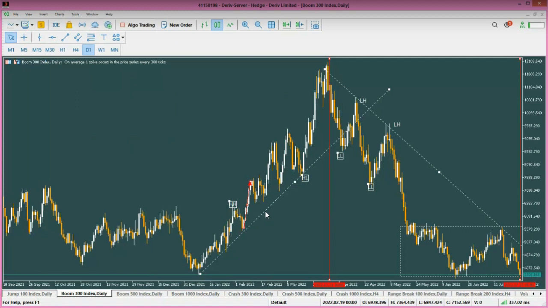So, as I say, professional traders understand how trending markets move. They always buy at the beginning of an impulsive move and take profits at the end of it. This is the reason why the market makes an impulsive move in the direction of the trend and it retraces before it makes another impulsive move.